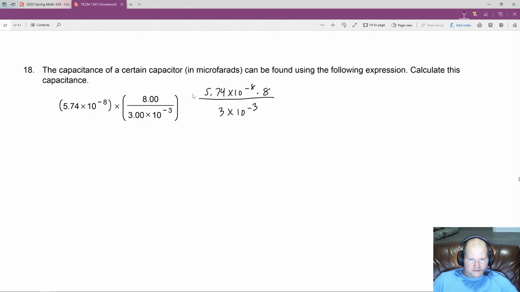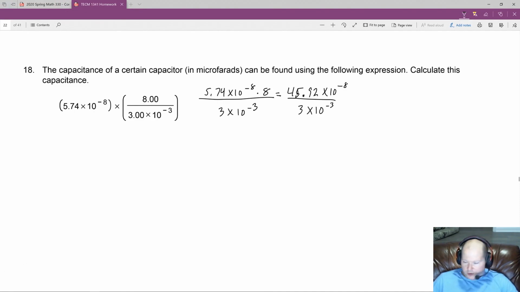Okay, so I'm going to multiply the 5.74 by the 8, and we're going to see what that's equal to. And we get 45.92, so 45.92 times 10 to the negative 8 all over 3 times 10 to the negative third. So now we're going to divide 45.92 by 3.